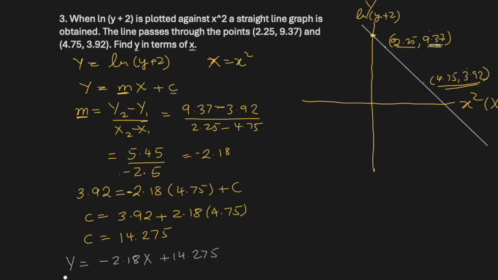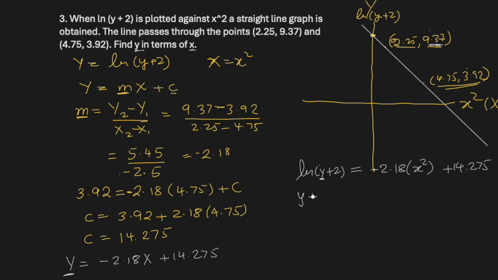Now what will we do? We will substitute Y by its original value given in the question, which is ln(y plus 2), equal to negative 2.18, with X replaced by its original value, which was x squared, plus 14.275. We have to isolate this y because we want y in terms of x. That means this y must be isolated. For that, this natural log has to go first.